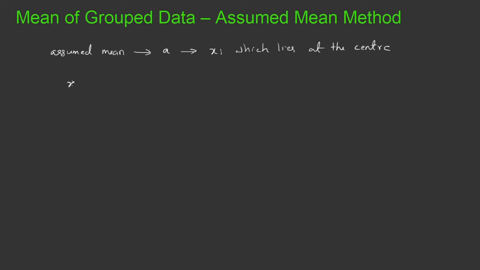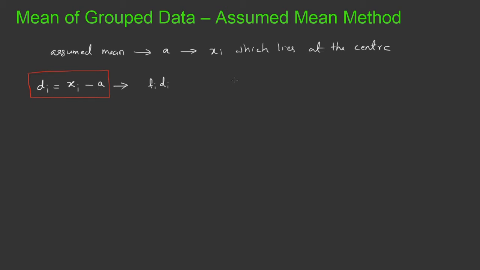Then we need to find the difference xi minus A. That is the deviation, we call it as di. So di is equal to xi minus A. The next step is to calculate fi di.